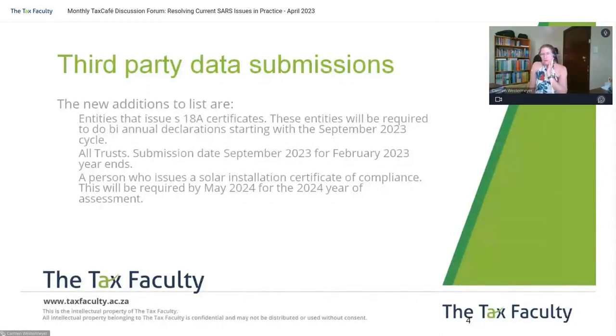The exact format will still be clarified, but it will be a completion certificate which would have to be uploaded. Short version, they want to go and check that the person issuing the completion certificate and the person claiming the rebate have aligned costs, have aligned benefits, have aligned completion dates.